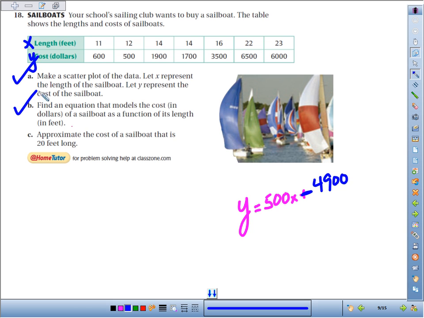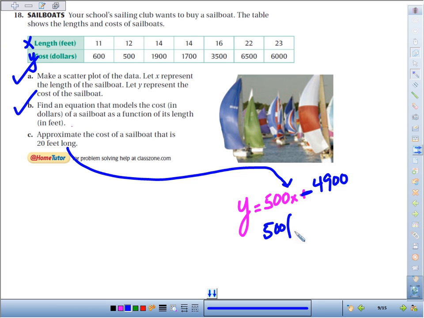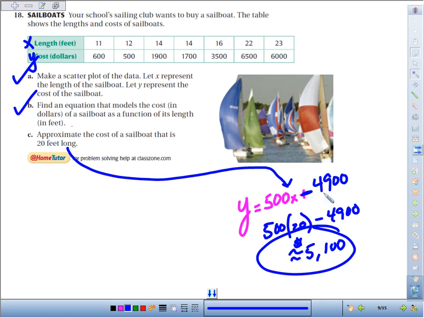We found the equation, part B. Now, C, approximate the cost of a 20-foot long sailboat. Put 20 in there for X. 500 times 20 minus 4,900. And we're looking at about $5,100. Answers might vary a little bit, but if your line was decent and your graph was decent, you should have something pretty close to $5,100.